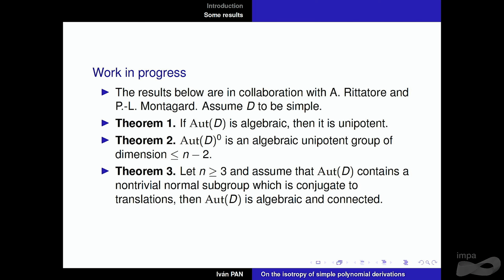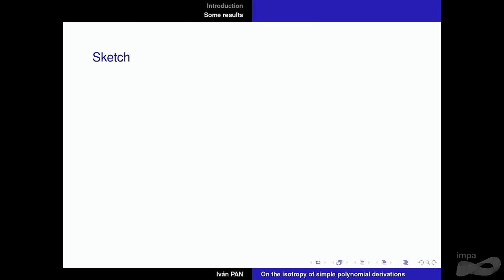I will give you an idea of a little more general result in dimension 3. For that, we start with a lemma, which is the basis of all these results. If D is simple, then the isotropy acts freely on the affine space. That is, every element which is non-trivial, not the identity, has no fixed point.